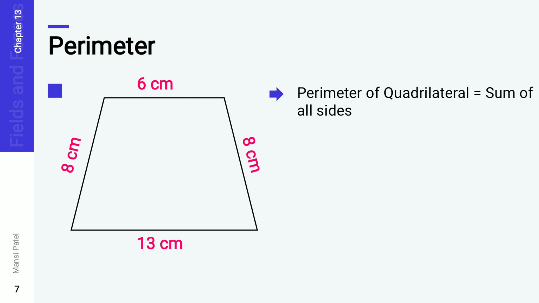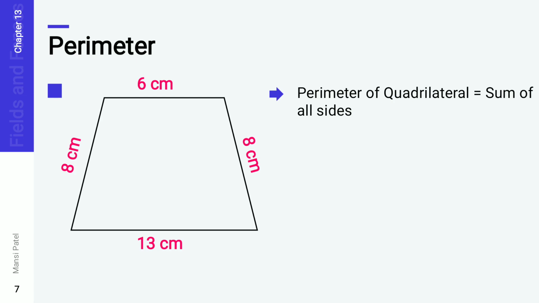If the shape is a square, then you compulsorily have to write down the formula for the perimeter of a square. If the shape is a rectangle, then you compulsorily have to use the formula for the perimeter of a rectangle.